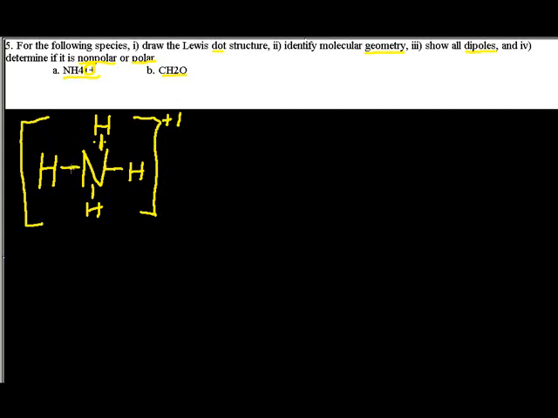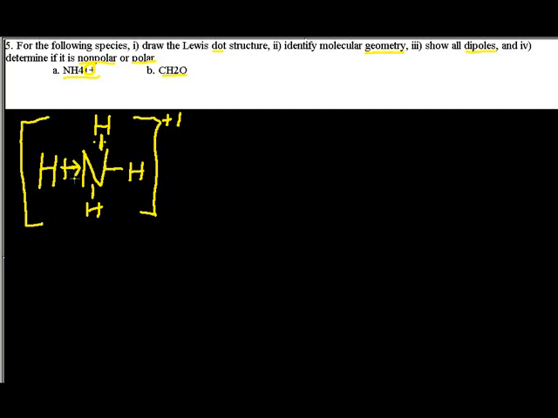Now, what about this dipole thing? The dipole simply says does one atom have a stronger pull for those shared electrons than the other? In other words, does it have a larger electronegativity? And what you do is you find out where the electrons are being pulled from and have the arrow point to where there's a greater attraction.